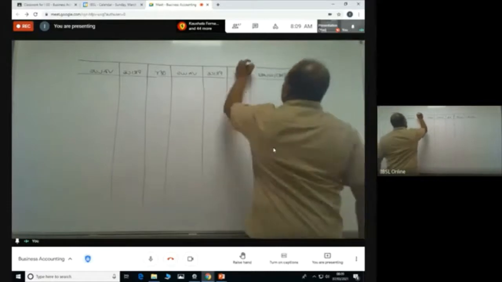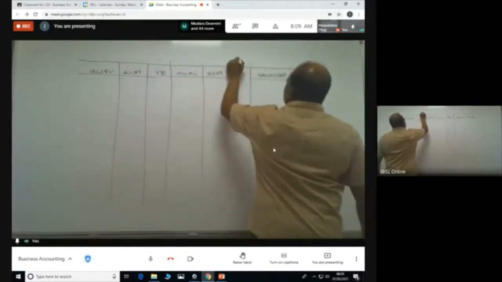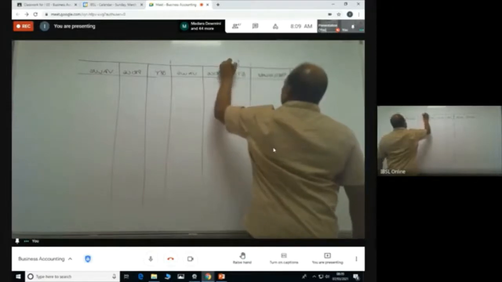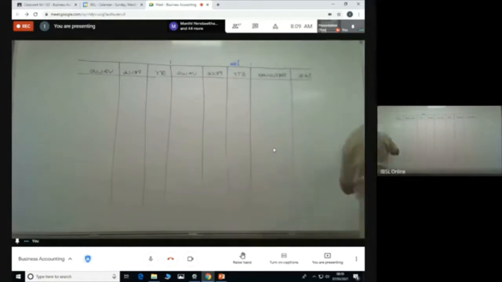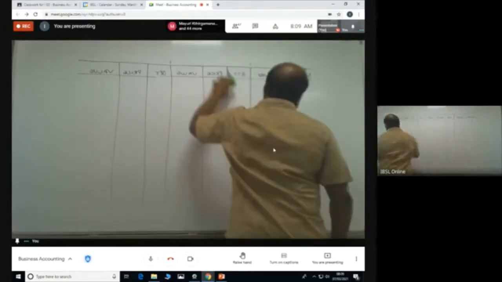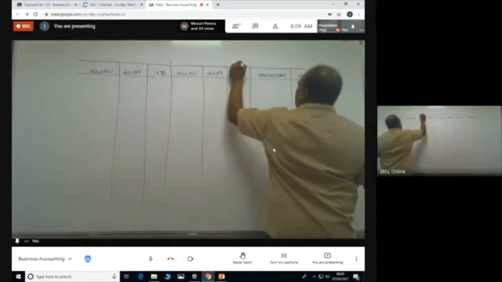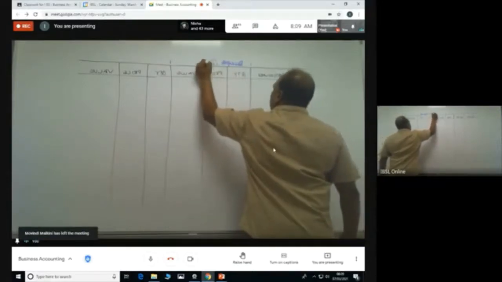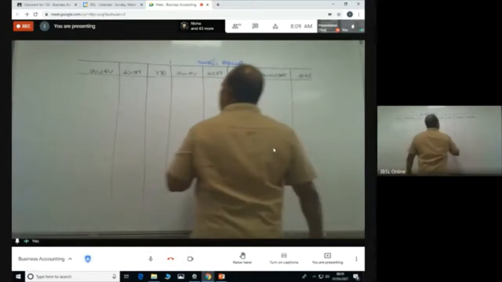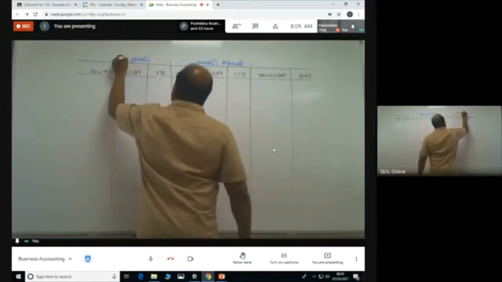these 3 columns, that is from here to here, we will be using for receipts or issues. And these 3 columns will be your closing balance.